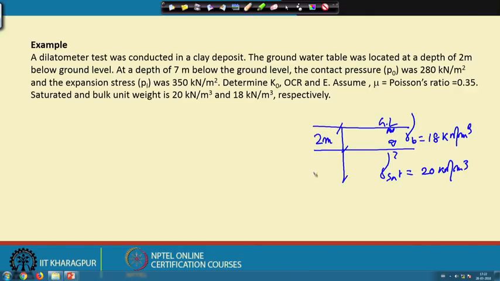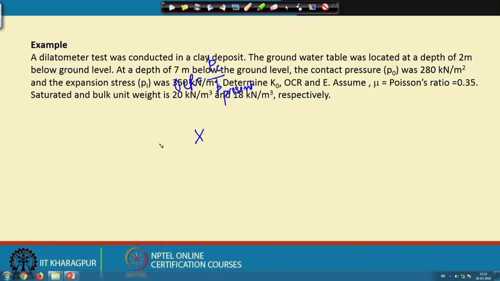At a total depth of 7 meter, the dilatometer test was conducted, and here we have to determine the K0, OCR and E of the soil at a depth of 7 meter at a point, say A, from the ground level.